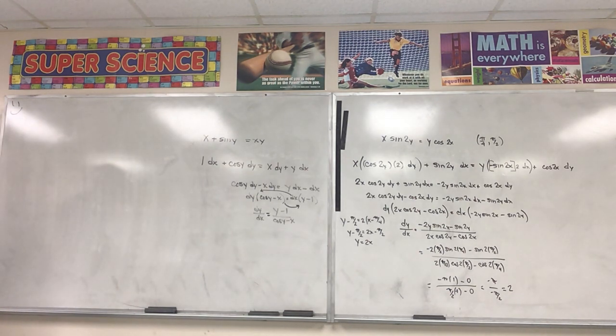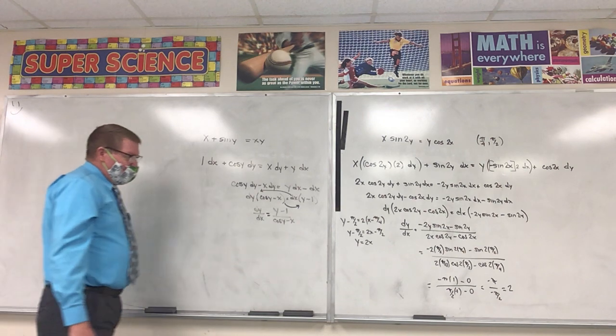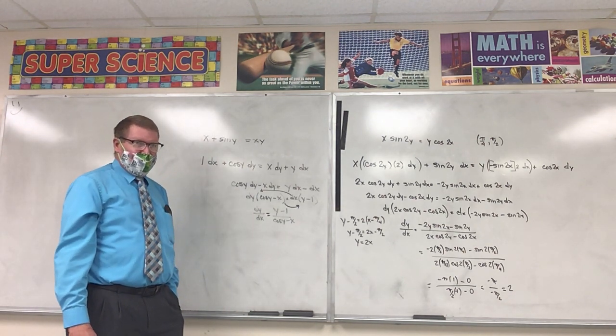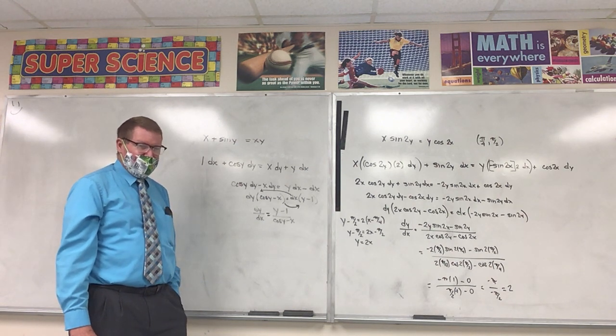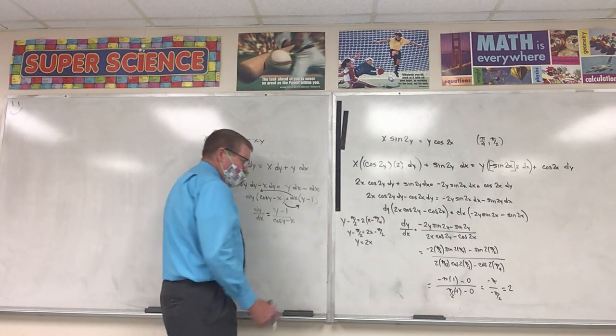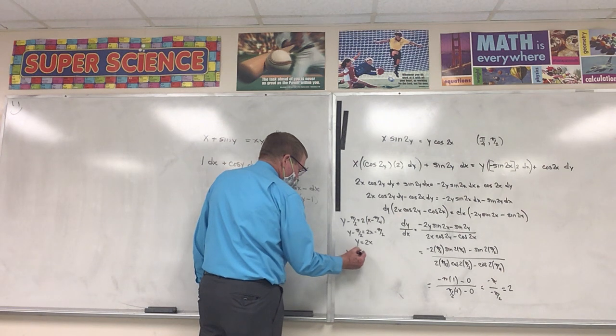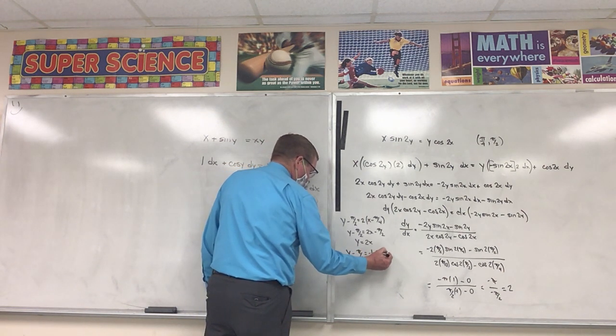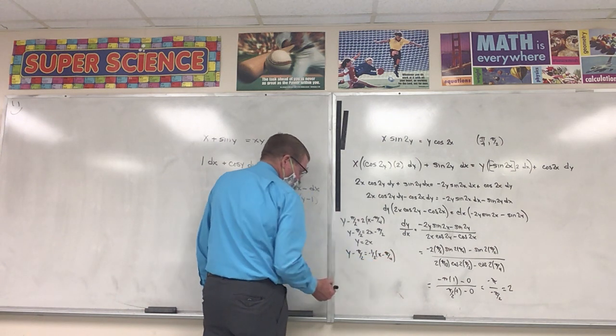Everybody with me? Normal line. My normal line, what's the relationship with my slope and my tangent line? Opposite. So I got y minus pi over 2 equals negative 1/2 times x minus pi over 4.